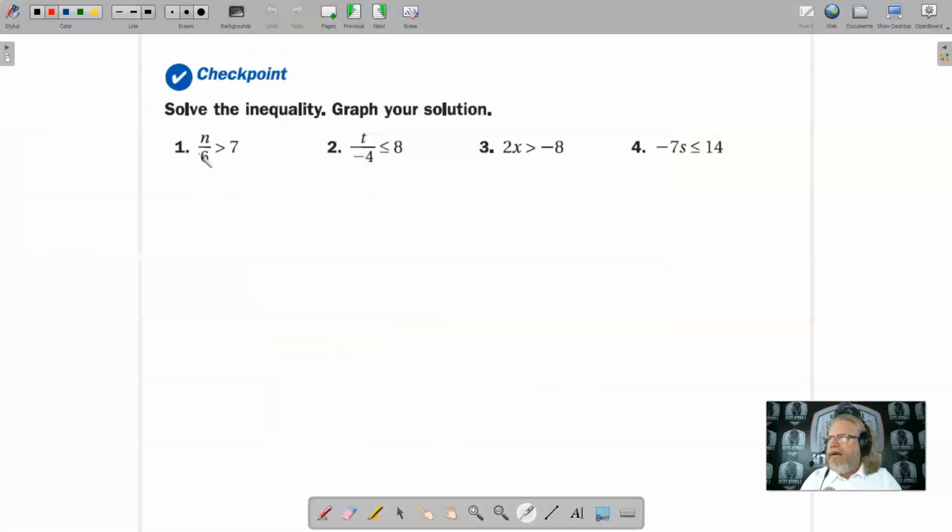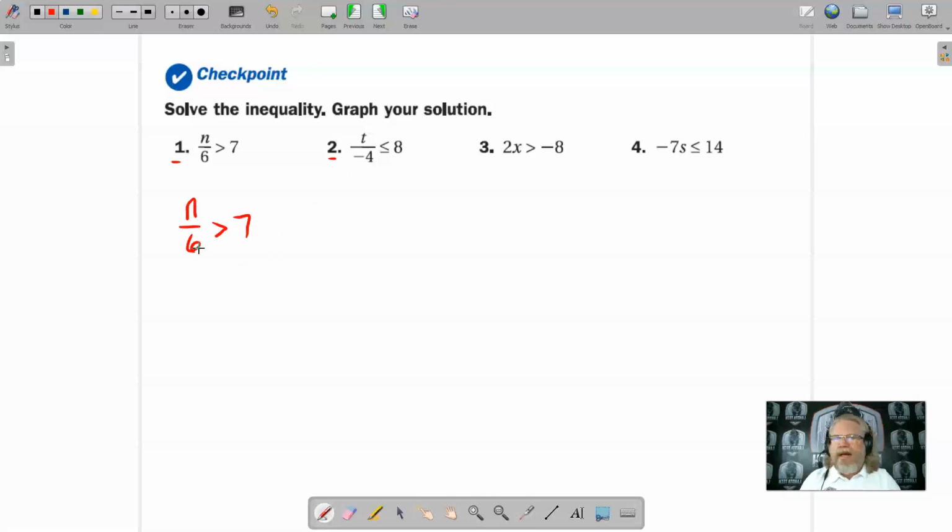We should have a checkpoint here. It looks like we've got all positive numbers in the first one, and a negative number in the second one. So let's go ahead and do one that's positive and one that is negative. We'll do problems 1 and 2. So n over 6 is greater than 7. We'll rewrite the problem there.